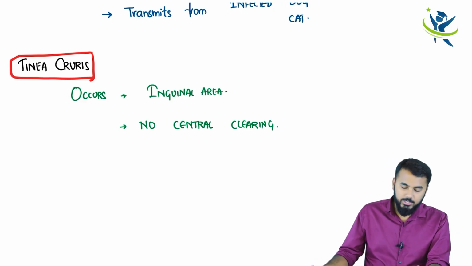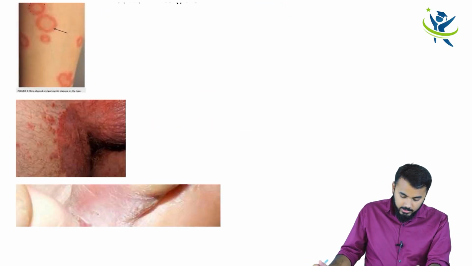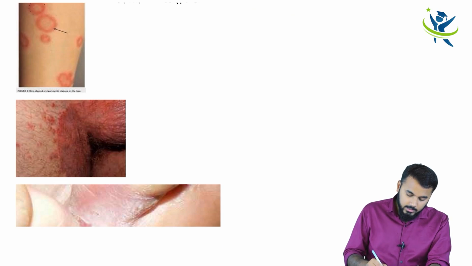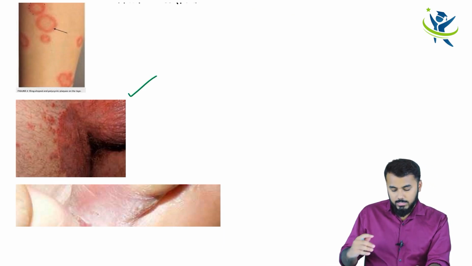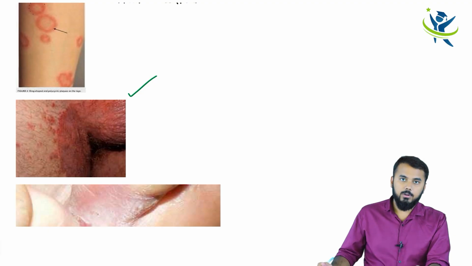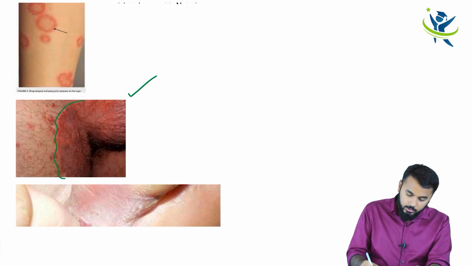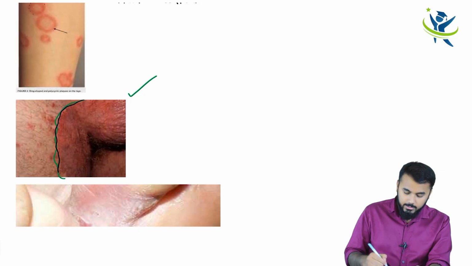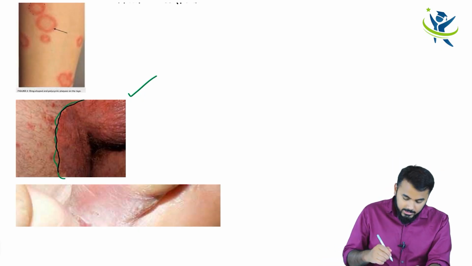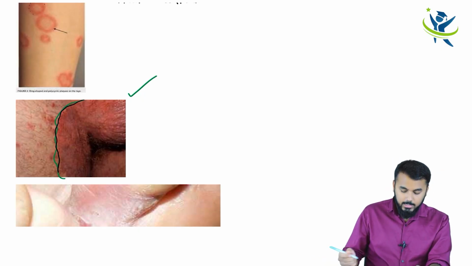Now let us look at the picture. Look at this picture, guys. This is the genital region. Exactly in this genital region, you can see an erythematous rash, isn't it? Do you see any central clearing in this erythematous rash?